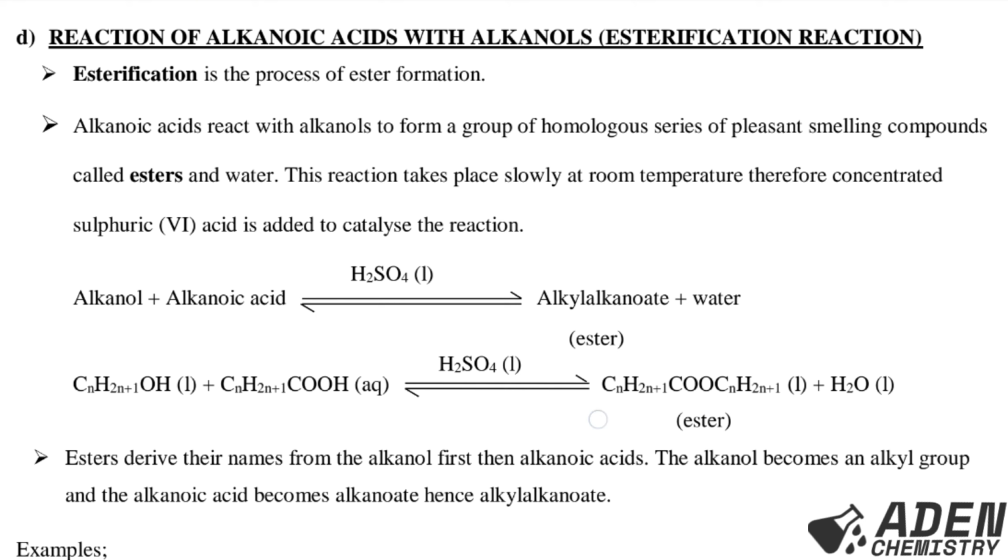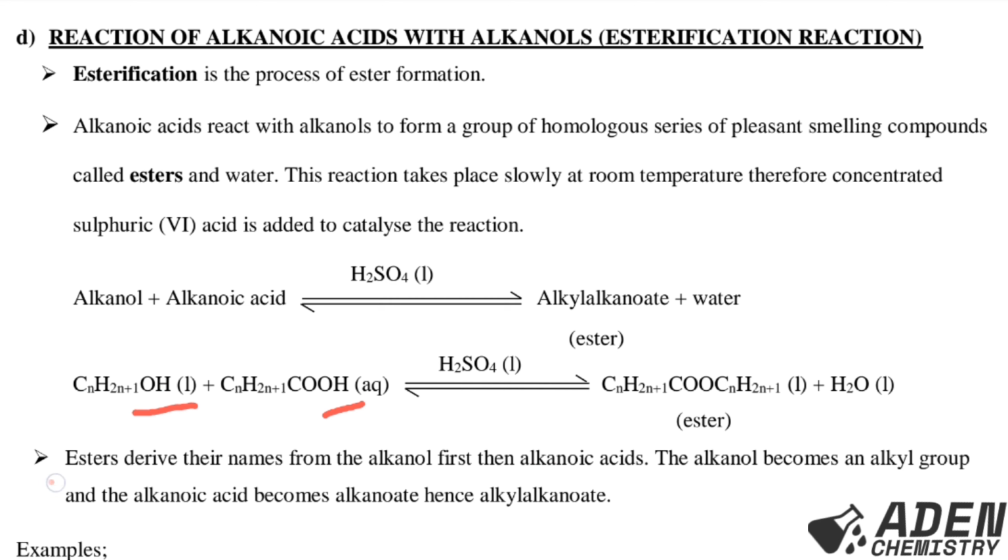If you want to write the ester, what we are supposed to know is that we remove the hydrogen from the alkanoic acid side, then we also remove the hydroxide from the alkanol. Then when we write the ester, we start with the alkanoic acid. That's we take all this to this side, then we bring the alkanol to this other side, and we are going to get plus water.